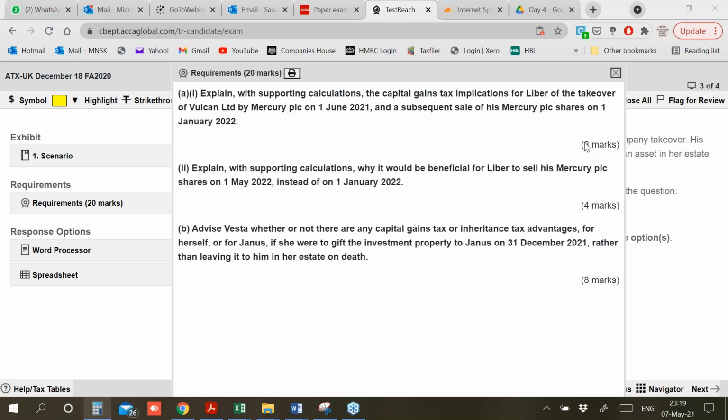Get yourself familiarized with that and try to solve the questions on either the CBE platform or the Microsoft Excel spreadsheet. In this way, while solving the questions, you yourself will be able to figure out shortcuts. You know how I have figured out the shortcuts?